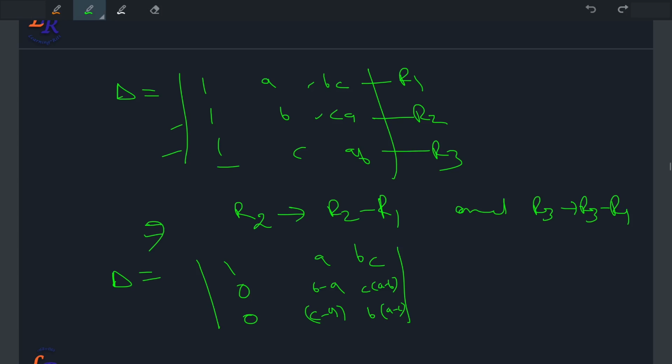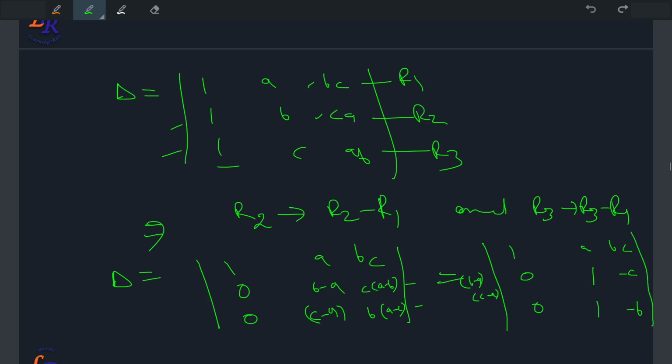Now you further take B minus A from R2 and C minus A from R3 common, so this will be equal to B minus A times C minus A, and then you will get 1, A, B, C. This will become 0, this will become 1, and this will become minus C. This will become 0, this will become 1, and this will become minus B, right?